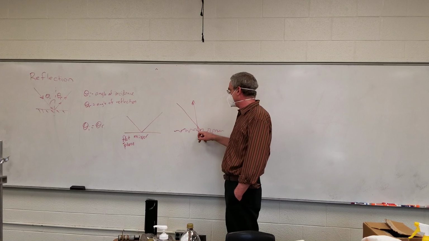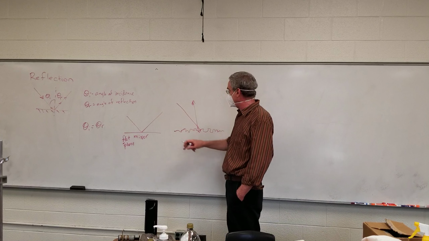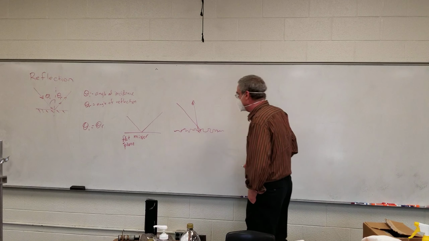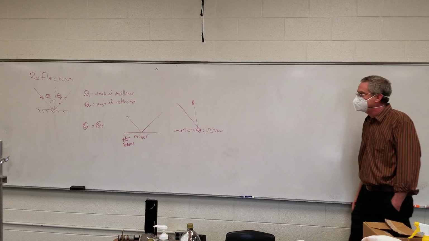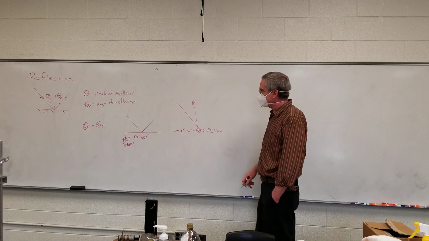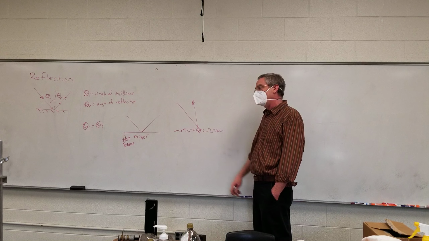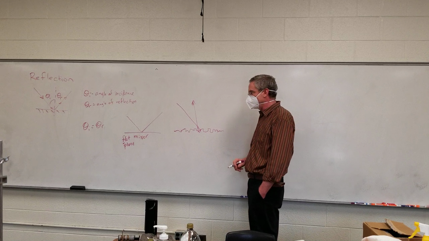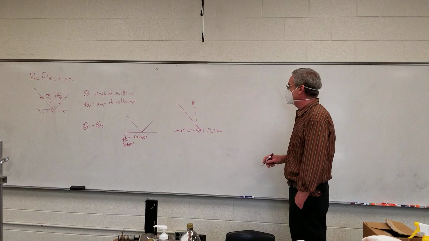It still holds true that the angle of incidence equals the angle of reflection, but on the macroscopic level, it doesn't necessarily look that way. However, we are going to assume some nice ideal situations here so that we can model this quite nicely.